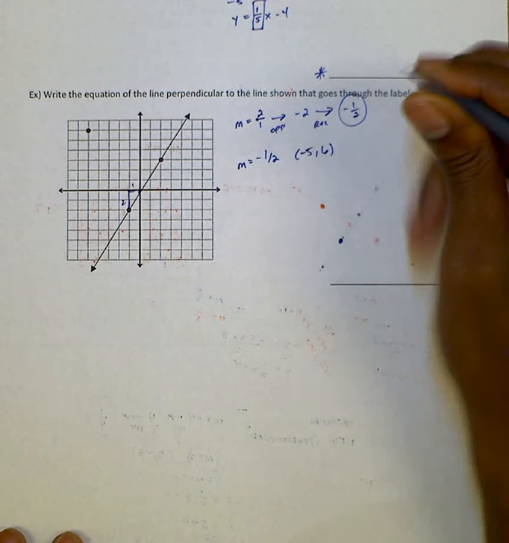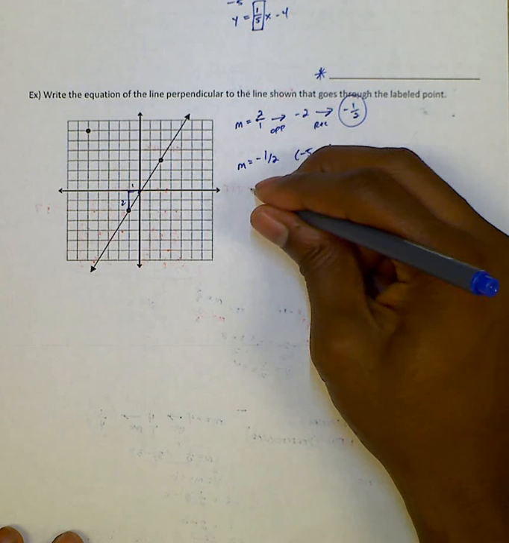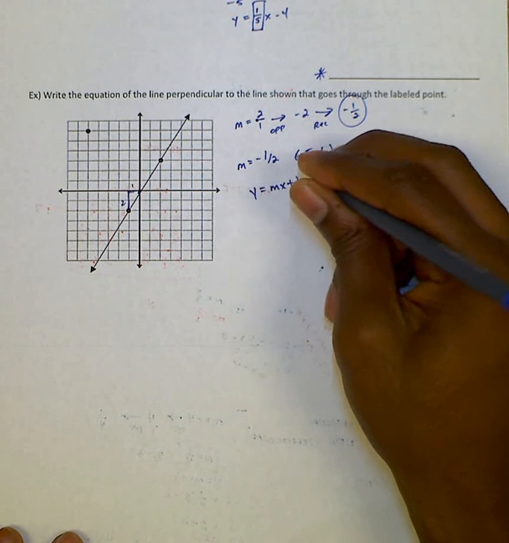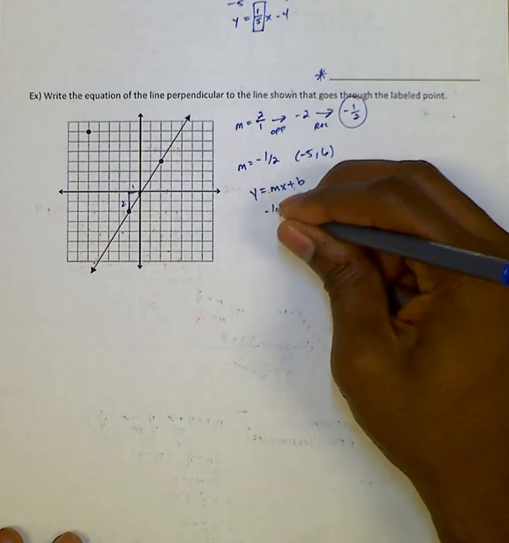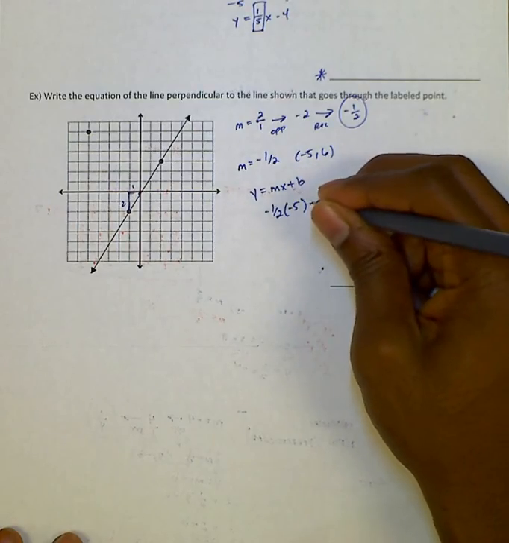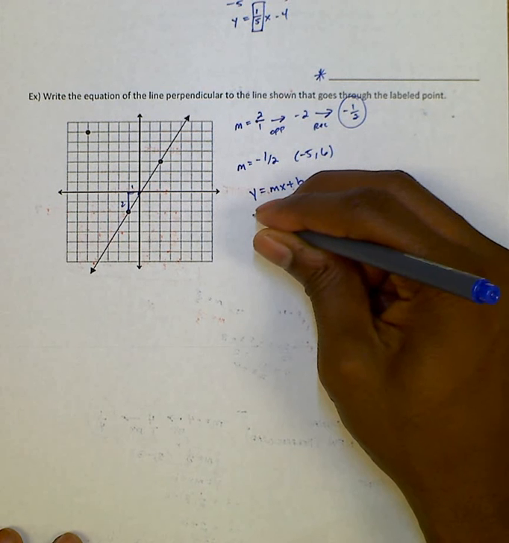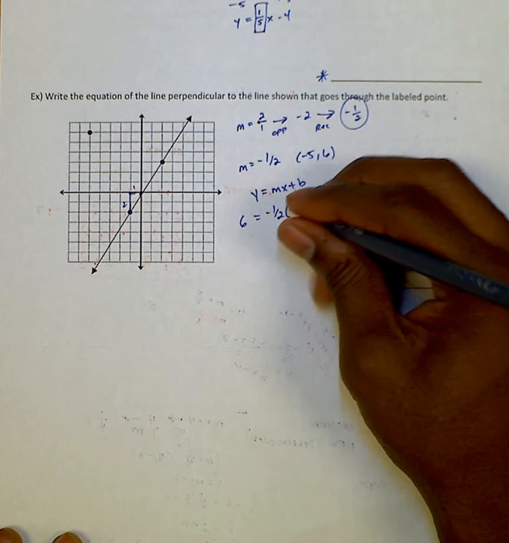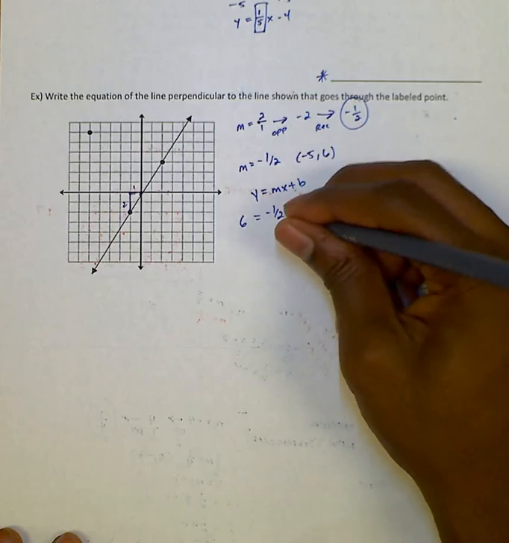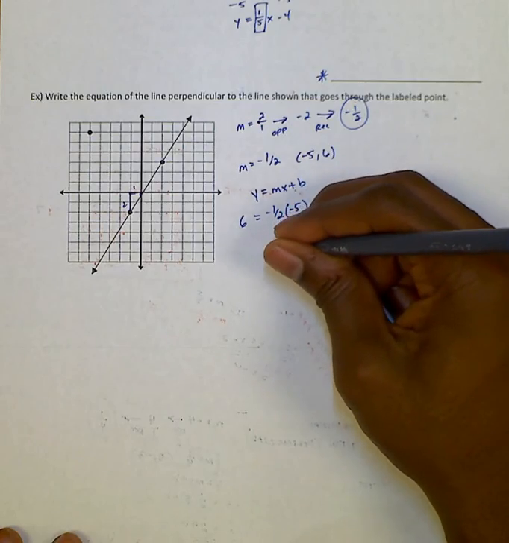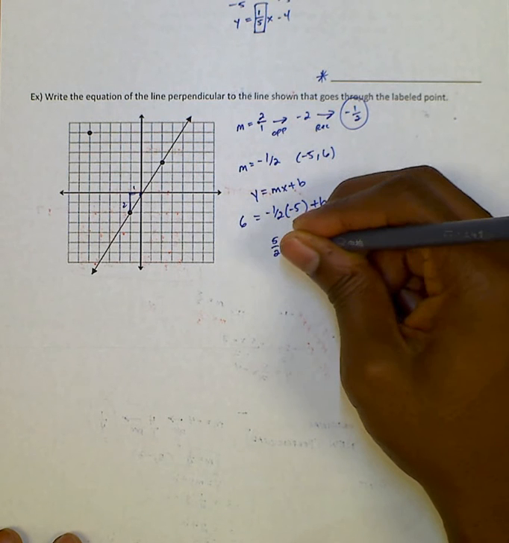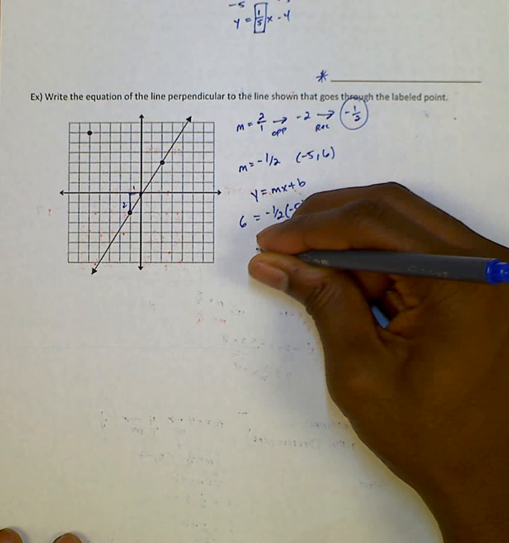Okay, and now I'm going to plug this stuff into the slope-intercept form. Okay, where my slope is -1/2, my x value is -5, my b I don't know yet, 6. So -1/2 times -5 will give us positive 2.5, positive 5/2, say that, plus b equals 6.